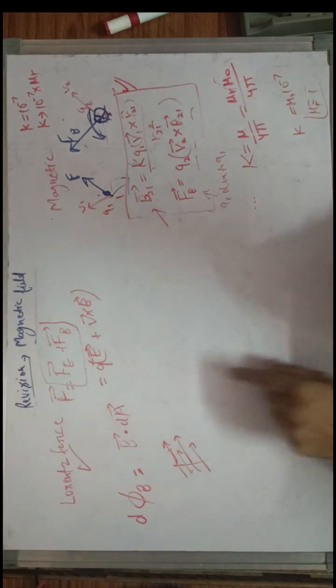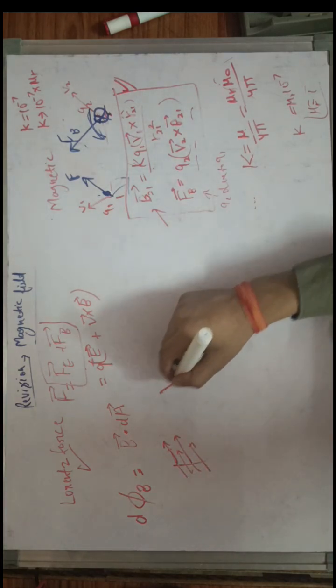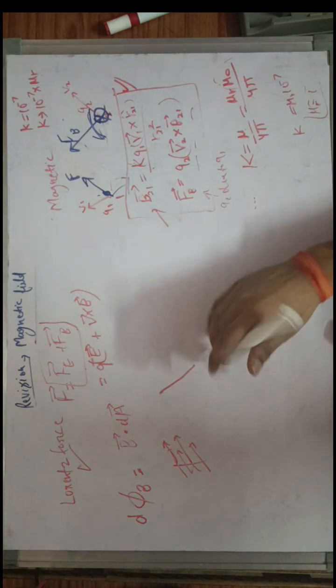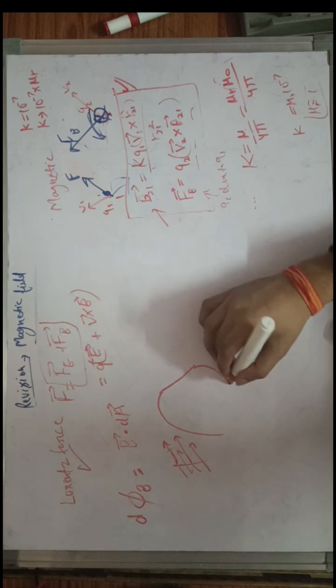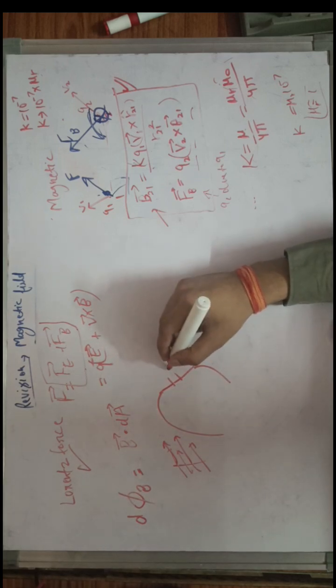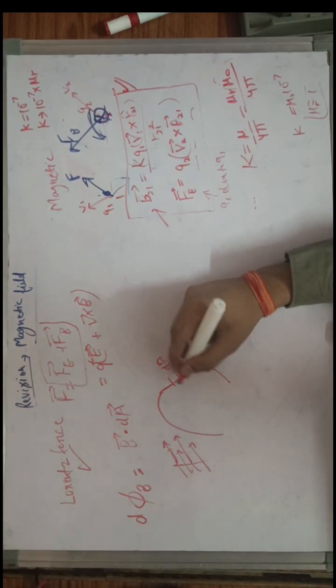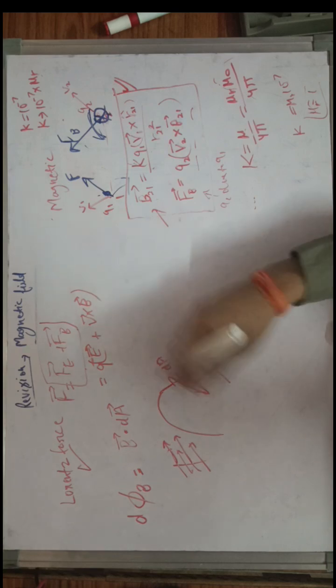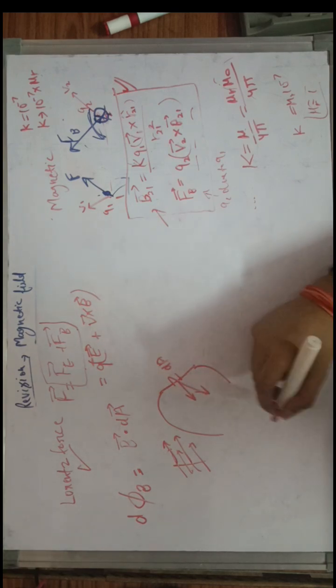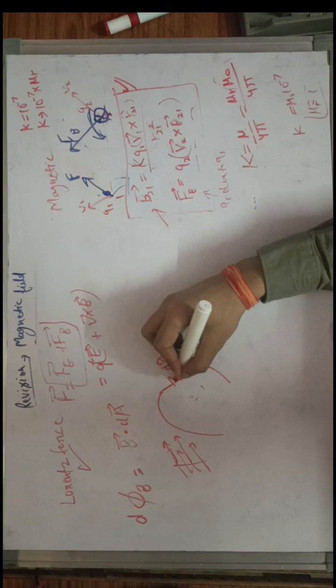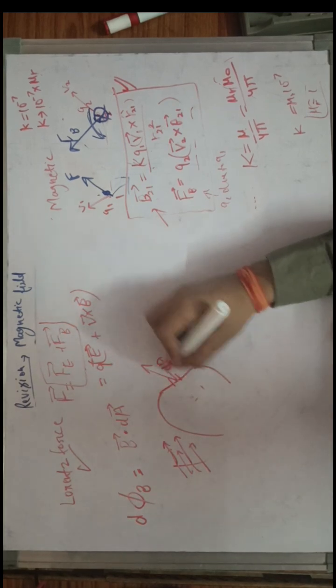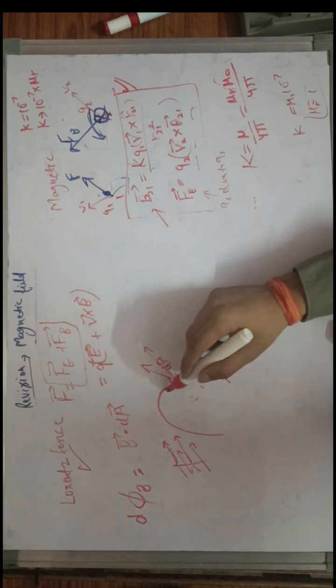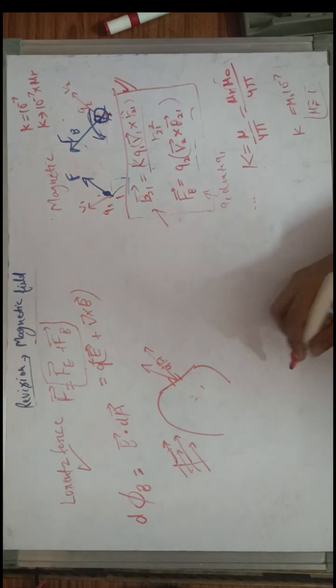And the direction of this area vector: when there is an open surface, let's say there is an open surface here with a small dA element, then if the magnetic field is passing in this direction, the area vector is taken in this direction, and the direction is perpendicular to the surface.